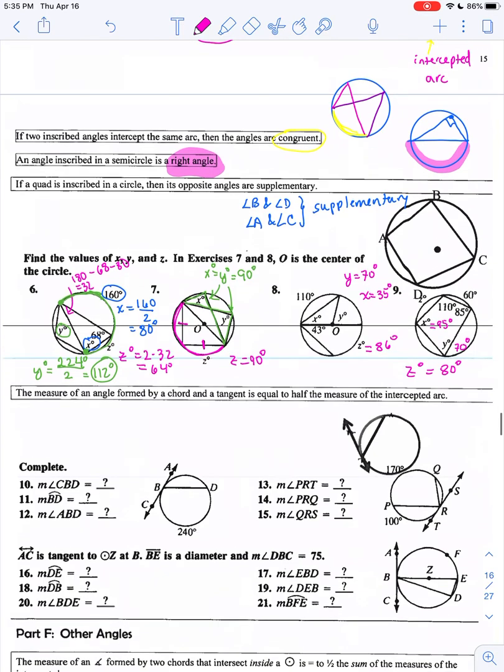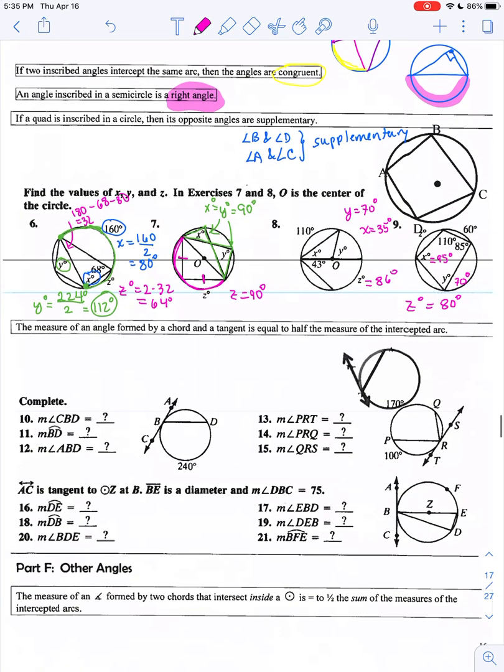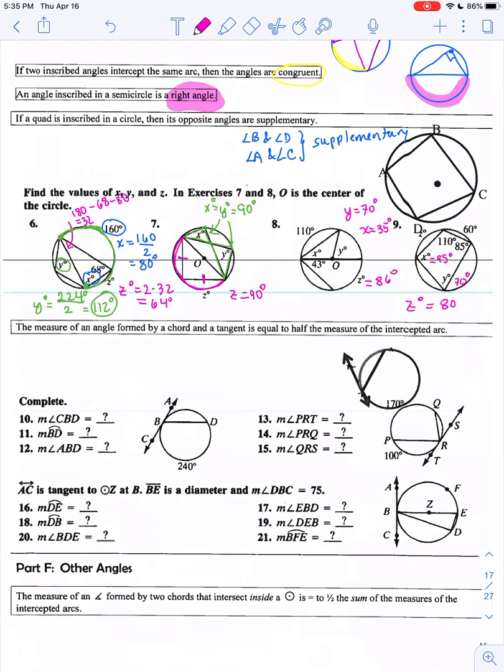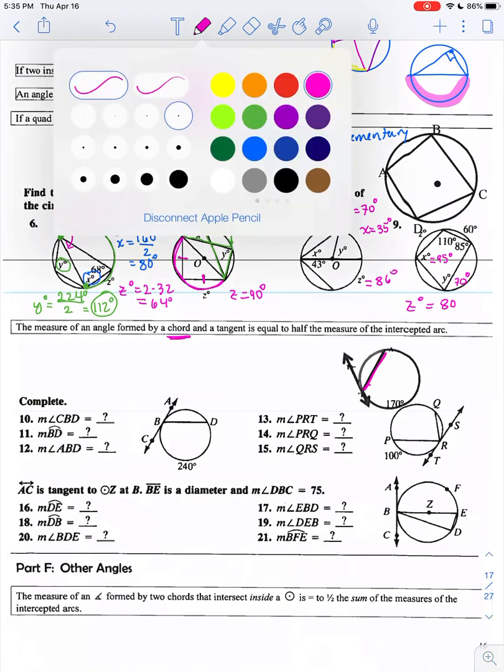Now down below that, you have the measure of an angle formed by a chord and a tangent. So this is my tangent line. Actually, let's go ahead and switch colors. So the chord I will make in pink, and then I'll highlight or underline that.